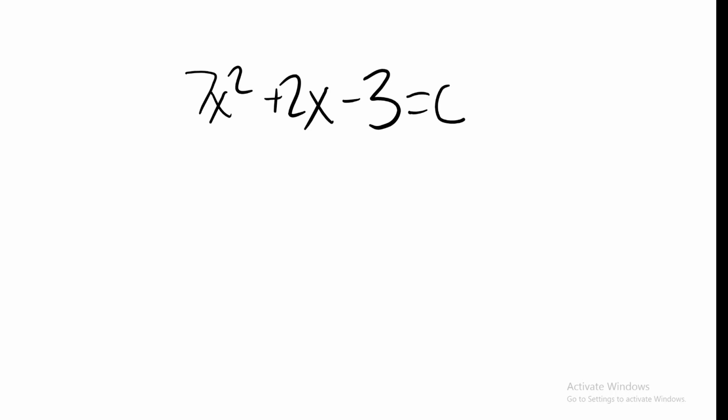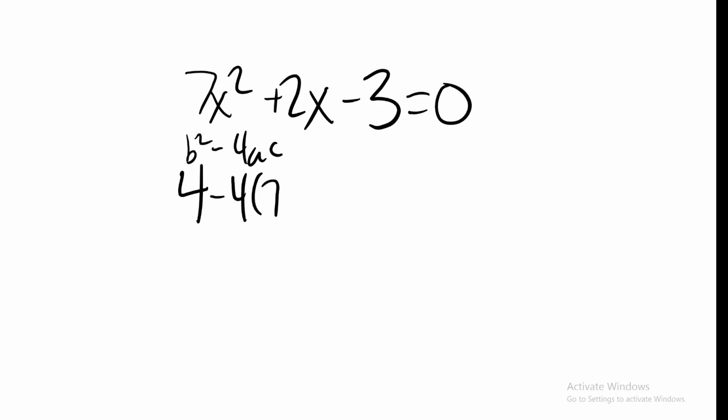So let's say I have something like, no, I've been doing way too many 3s today. Let's make this a little more exciting. Let's do 7x squared plus 2x minus 3 equals 0. Okay, I do my discriminant check. b squared minus 4ac. 4 is b squared.